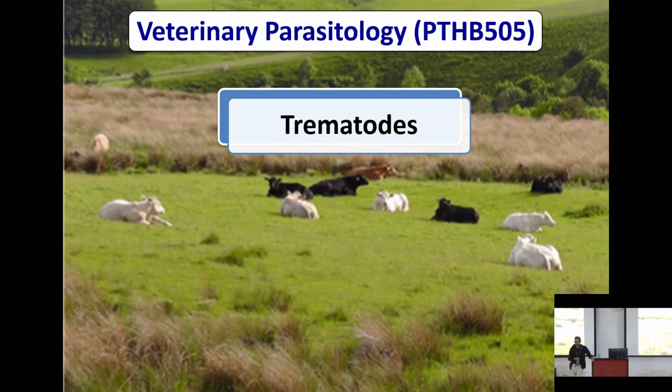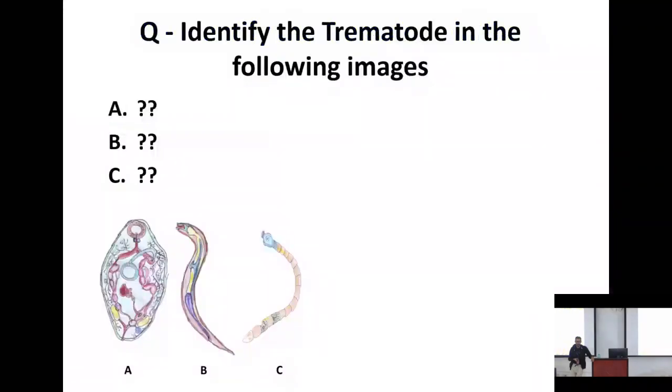Before we start, I want you to let me know which one is the trematode parasite in the next slide I'm going to show you. So just take out your point solution and let's see which one is the trematode parasite here.